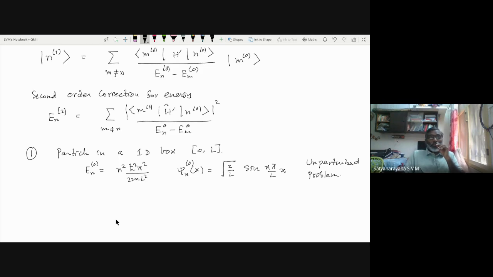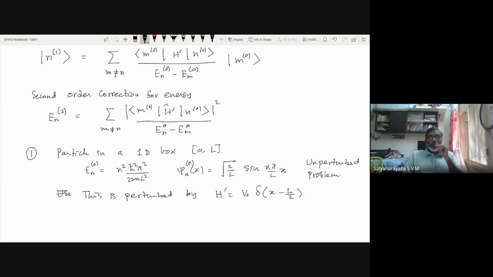Now let us say that there is a perturbation. This is perturbed by H prime, which is equal to some V naught into delta of x minus L by 2.